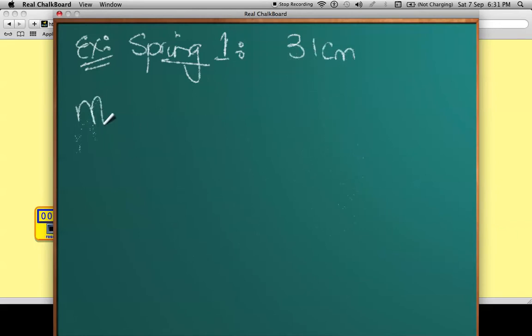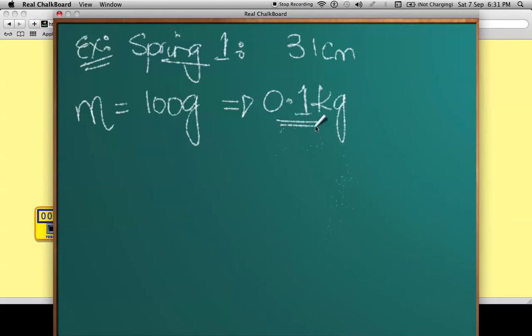Now we are attaching a mass of 100 grams, and you know that 100 grams is simply 0.1 kilograms. You know the conversion. If you don't remember this, just watch the video on conversions, and you will understand.